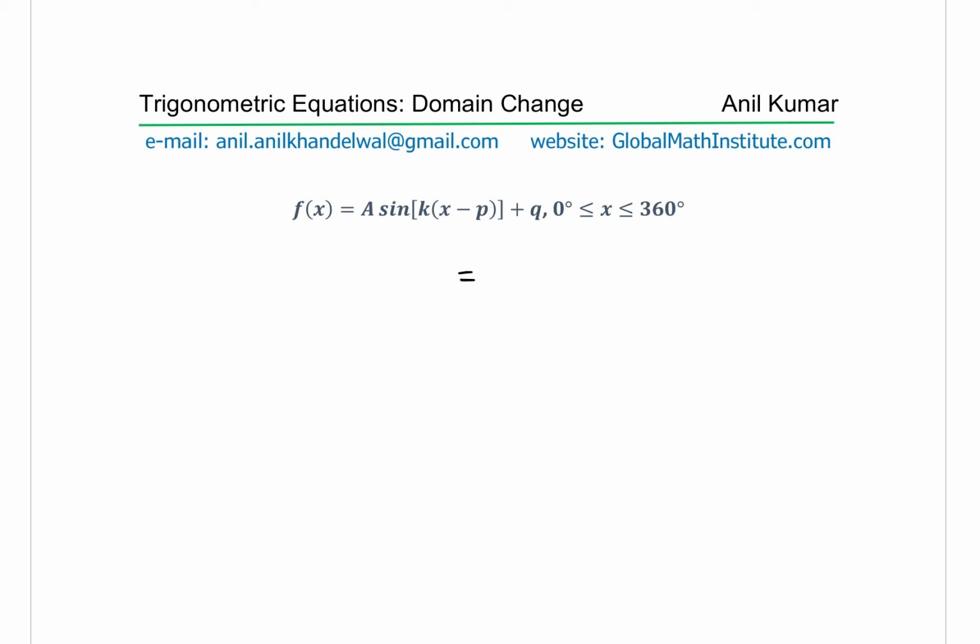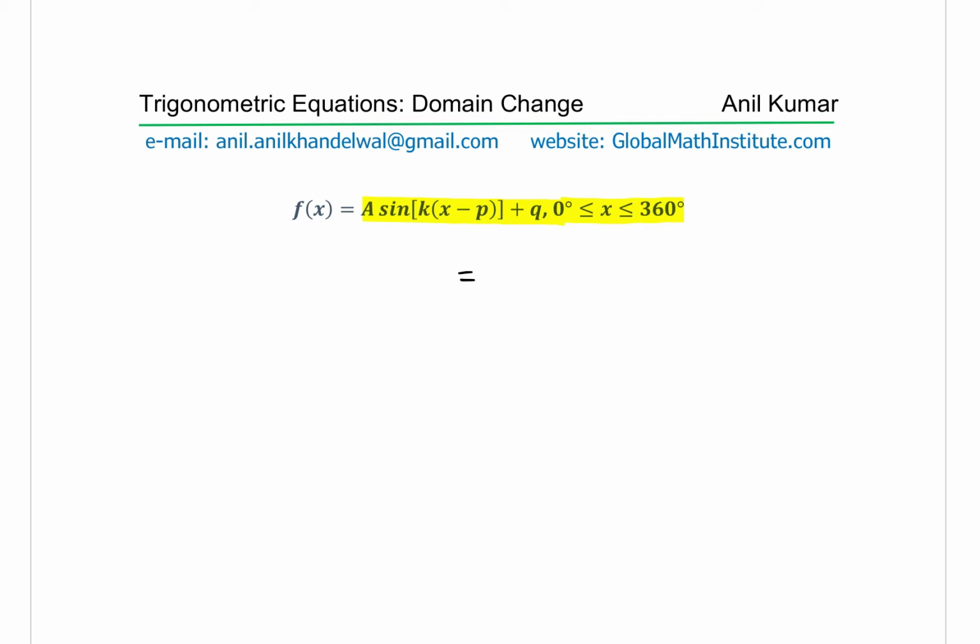Now the question here is that in general we are given a function which is a times sine of kx minus p plus q. This is the transformed function, right? And we are also given a domain where x is between 0 to 360 degrees.